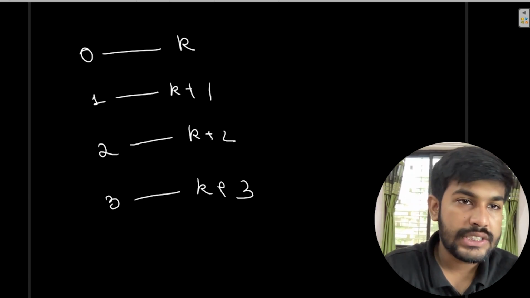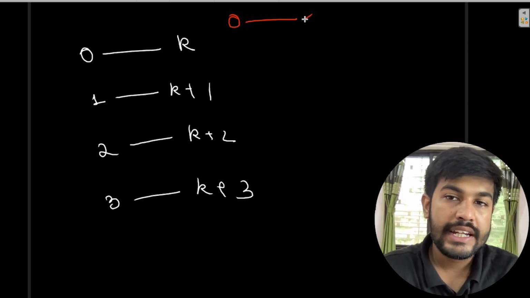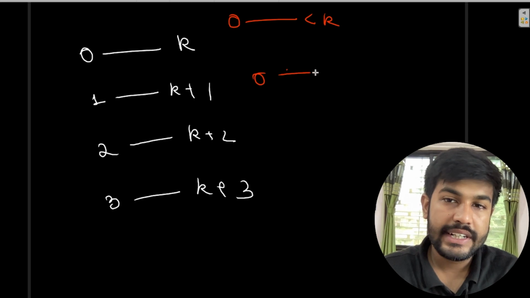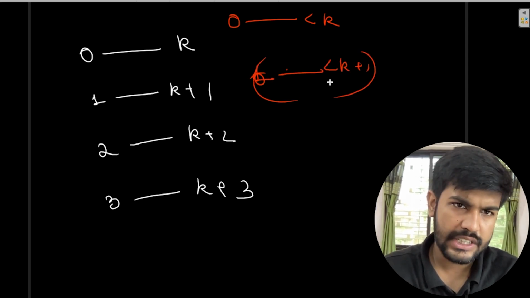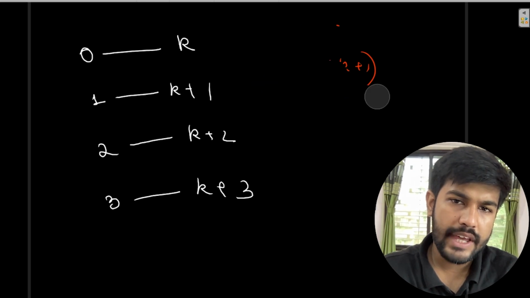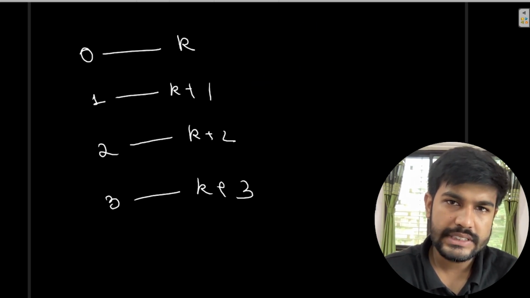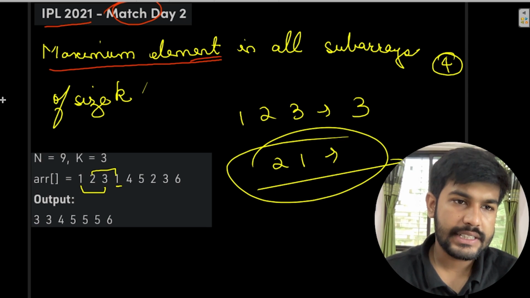This is taken into consideration: we would go from 0 till less than k, then 1 till less than k plus 1. If you just want me to convey it, let us take the sample test case only. That would be more feasible.